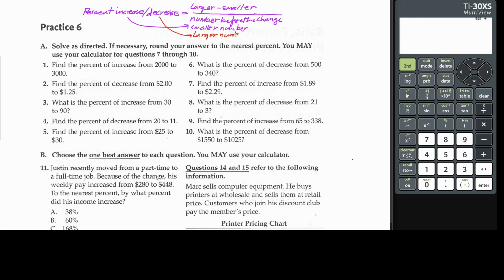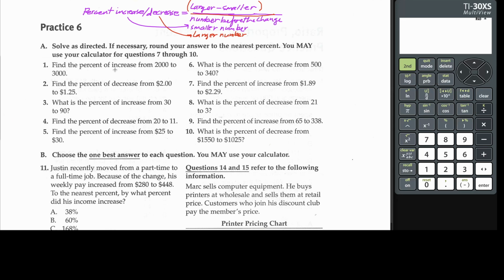So whether it's a decrease or increase, the top two will still remain the same: larger subtract smaller, then divide by either the smaller or the larger number, based on if it's an increase or if it's a decrease. So let's look at number 1.